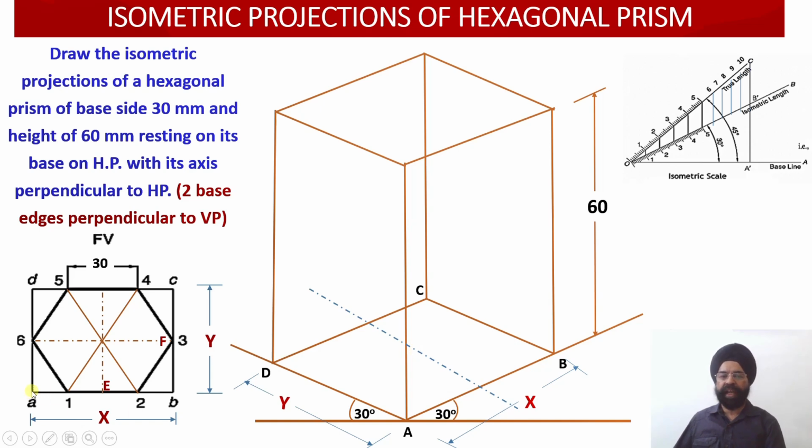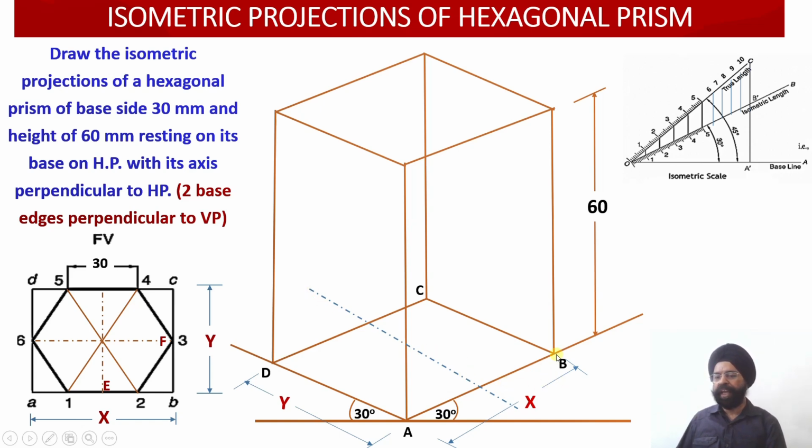This is the corner A. From the corner A, as we move towards point B, there is a midpoint over there, that is point E. So we are going to measure this distance in the true length, convert it to the isometric length, and mark this distance from A to B. So we are going to move from A towards point B. So distance AE will be marked over here. The moment we locate point E, now parallel to this x-axis, this center line will be drawn over there.